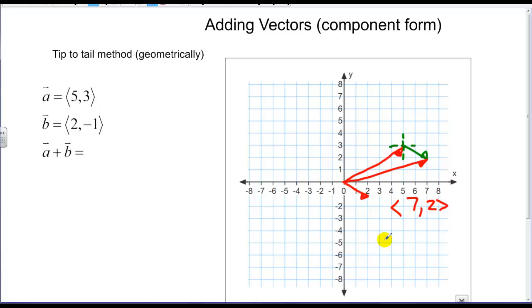And if you notice, going over 7 and up 2 would be the same as adding the x components and the y components. So geometrically, you want to add the tail of one vector to the tip of another. Algebraically, add the x components to the y components as long as these vectors are already in component form or rectangular form, if you want to use that verbiage instead.